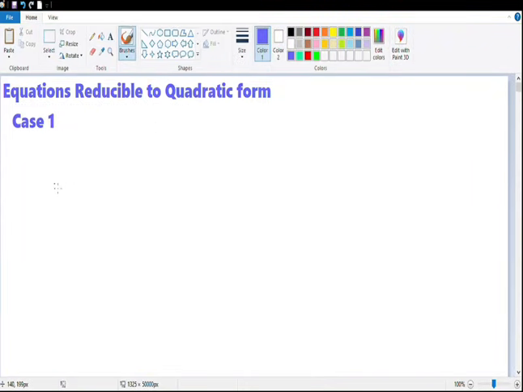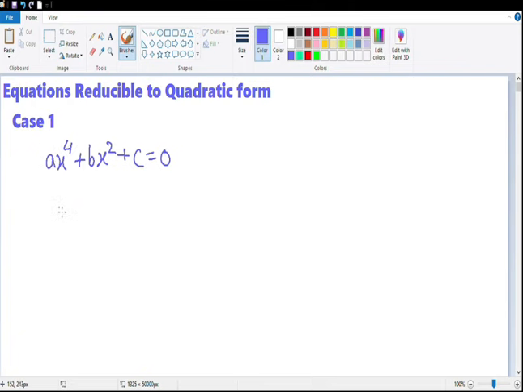Okay, so the first case is that we have a quartic equation in the form ax to the fourth power plus bx squared plus c is equal to 0. Now listen carefully here, this is very important.